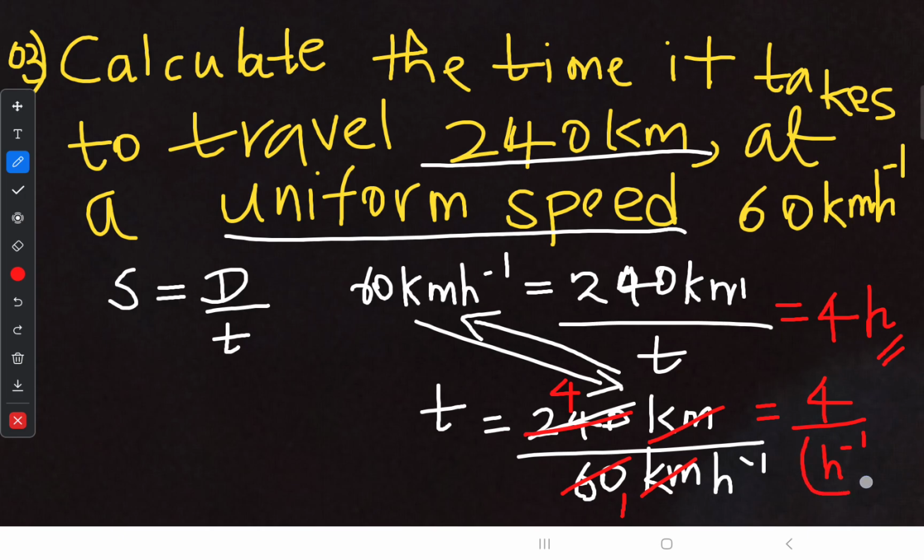Only the unit changes: it becomes h to the power of positive 1. We are not writing positive 1 powers for the time. So finally our answer, with the correct unit, is 4 hours.